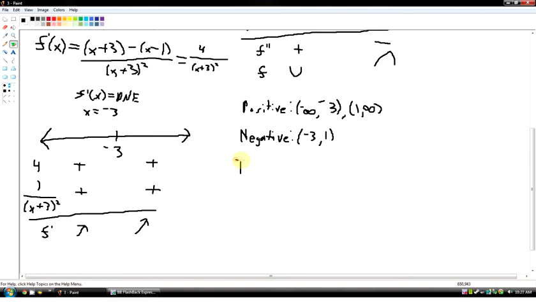Our function is increasing almost everywhere except for that one point, so we're going to make 2 intervals for that.